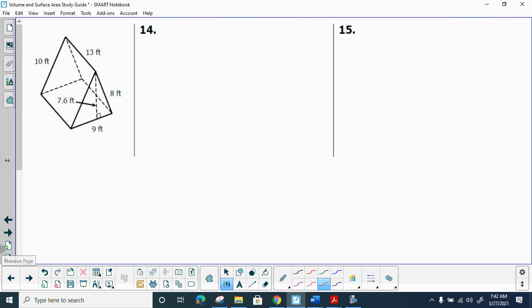Next, we have a triangular prism. The bases are triangles. And the volume is the area of the base times the height. Now, the bases here are the triangles.